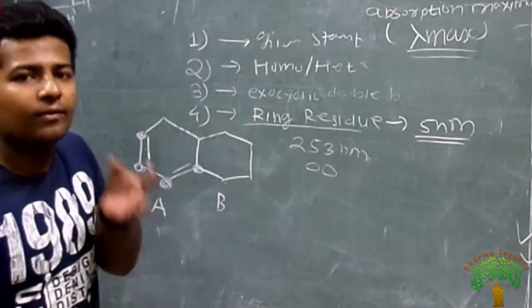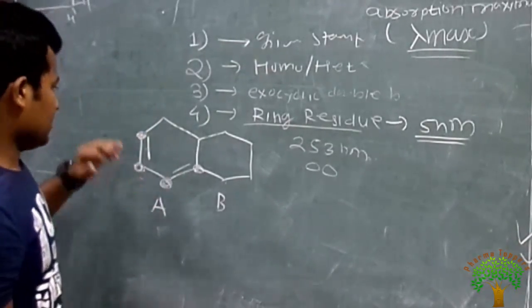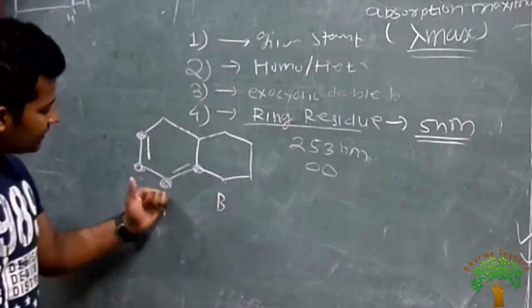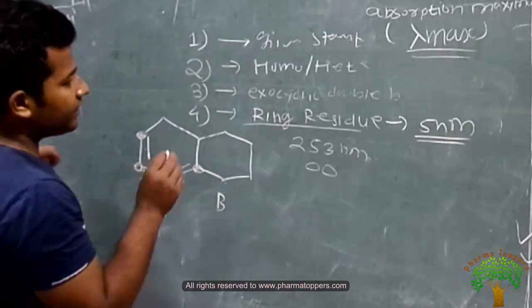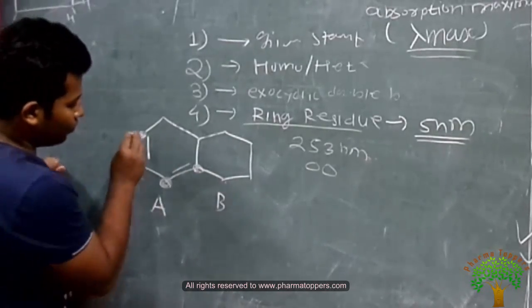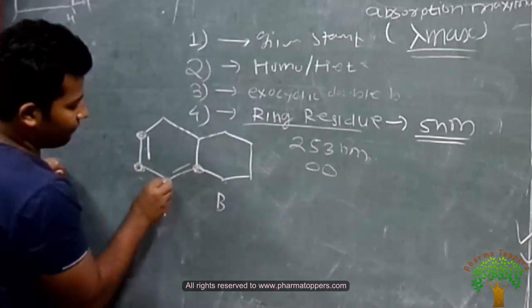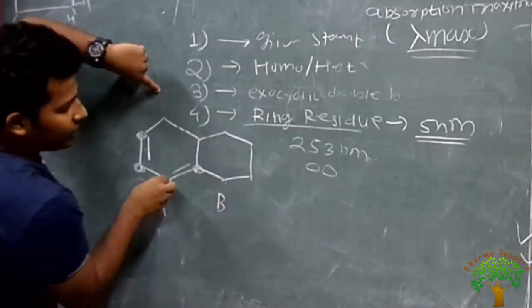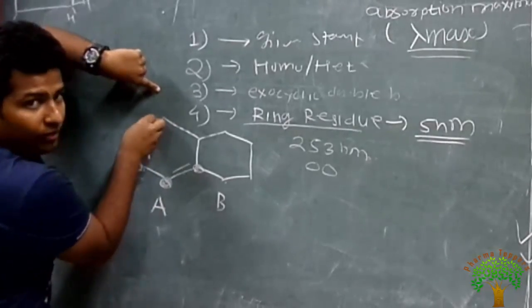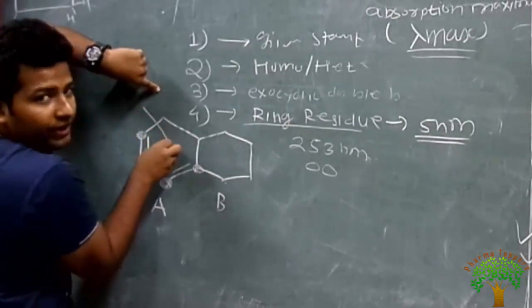Then, how do we calculate the ring residue? We use these stars. Those carbons which are in the conjugation have ring residues in front of them. This is one ring residue.